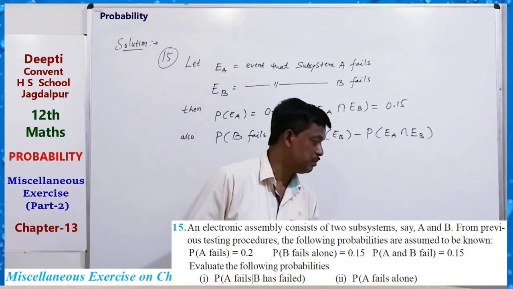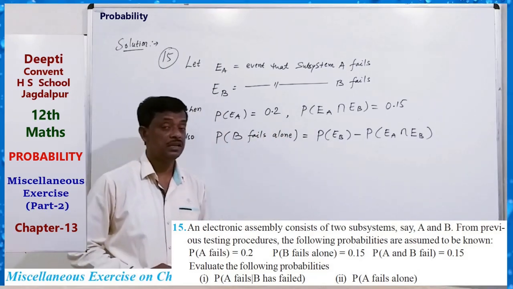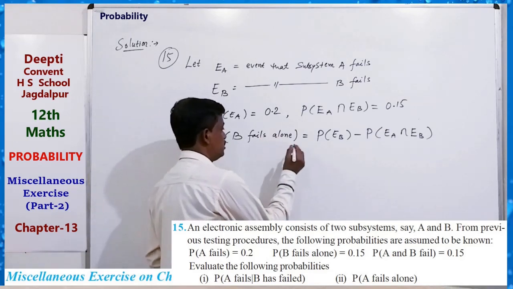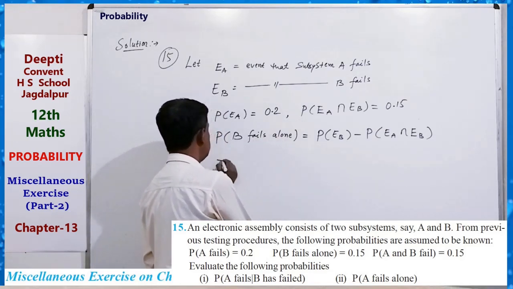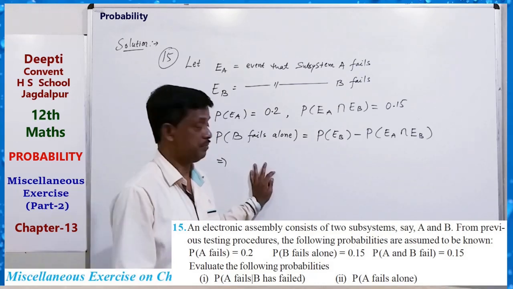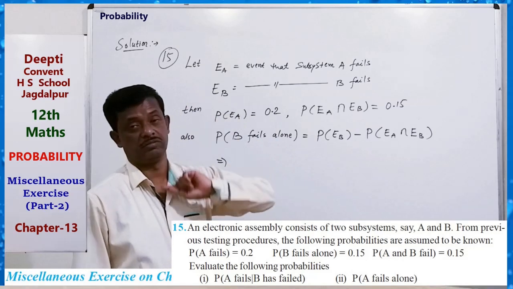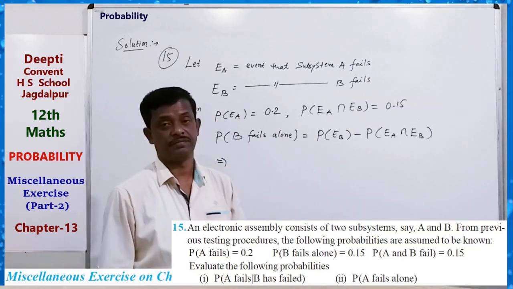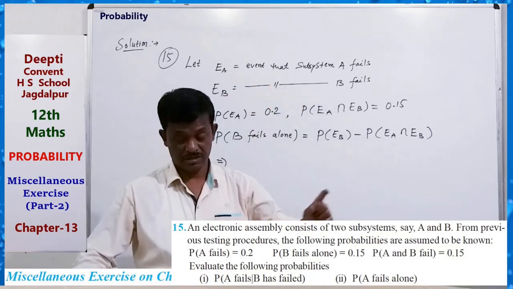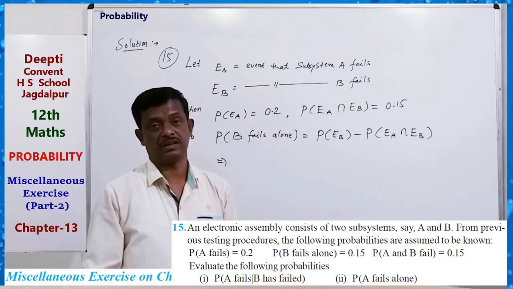So P(B fails alone) means P(EB) minus P(EA intersection EB). The main thing is P(EB), B fails, minus the both-fail situation subtracted.